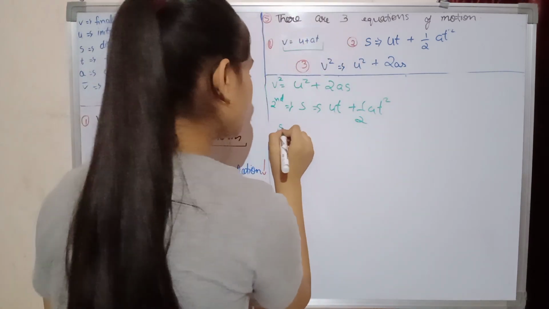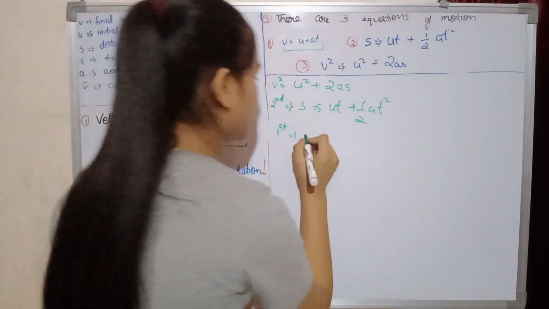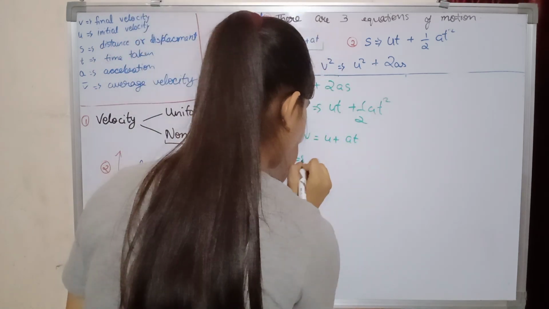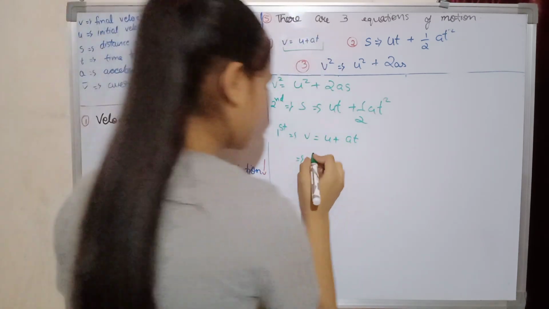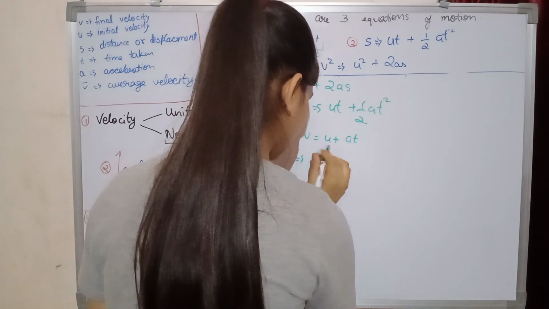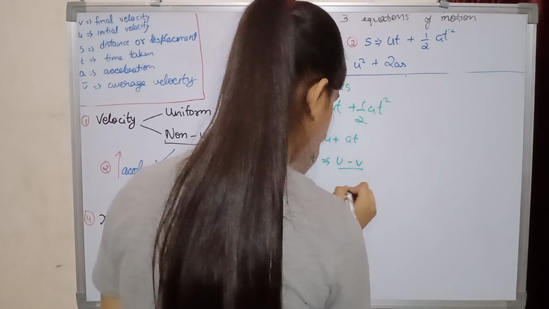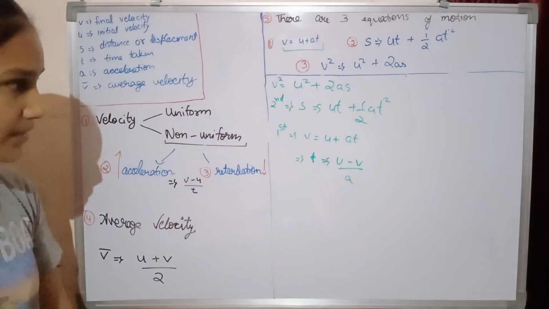From the first equation, we get V is equals to U plus AT, which can also be written in the form of T is equals to V minus U upon A. Okay.